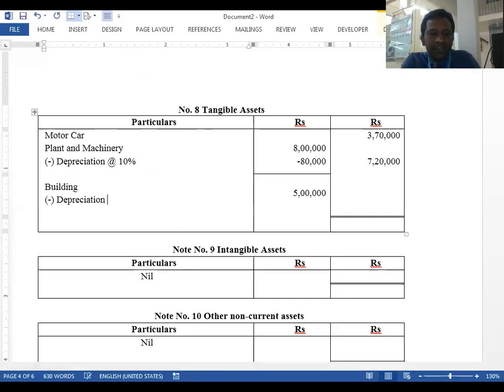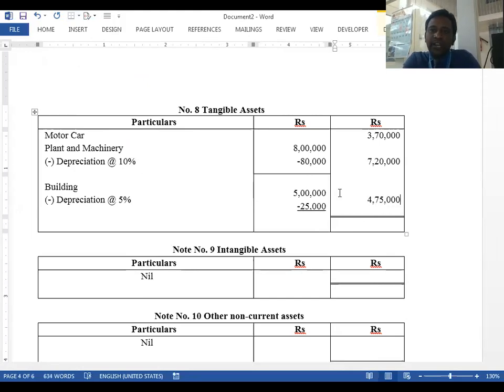Less depreciation at 5%. 5 lakh multiplied by 5%, 25,000. 5 lakh minus 25,000, 4 lakh 75,000.